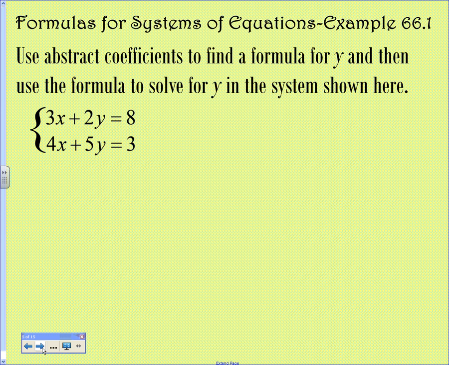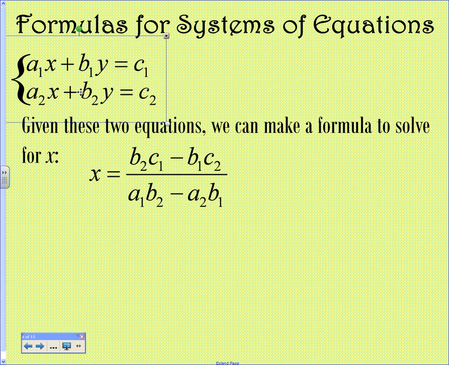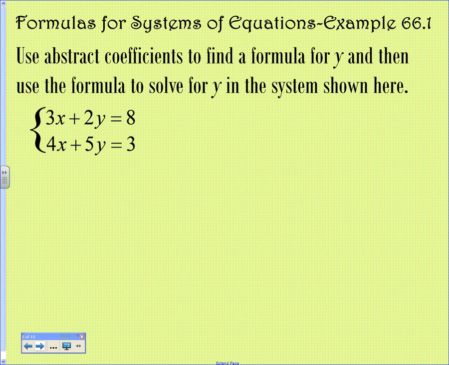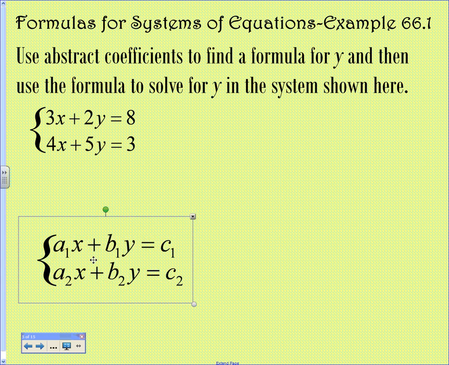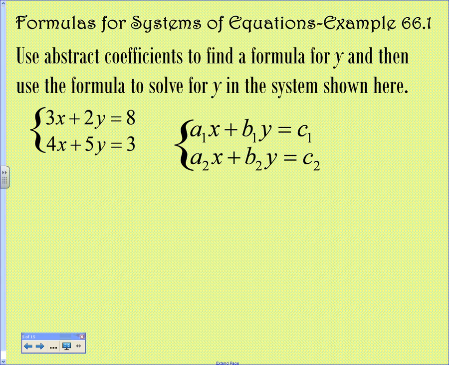So it's a two-step problem. So to find the formula for y, we're actually going to use this system of equations right here. So how would we solve that system of equations for y?